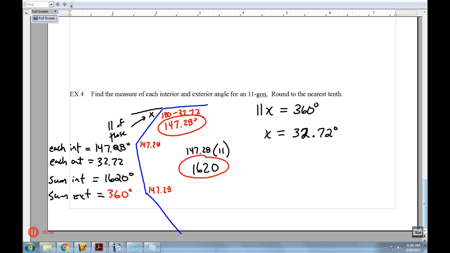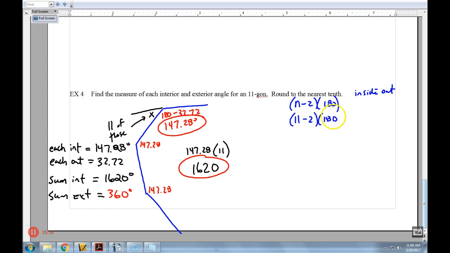Now, some of you may rather have gone a different way, and you can do that too. Some of you may have wished to say, hey, I'm going to use the formula, n minus 2 times 180. This would be what I call the inside out method. So 11 minus 2 is 9, times 180, which is 1620.